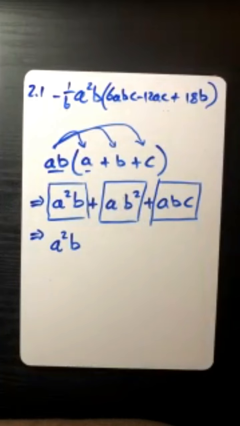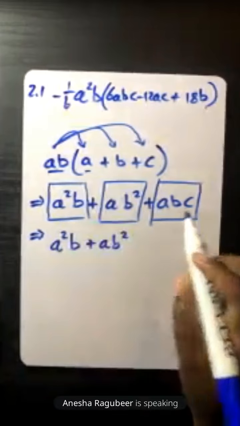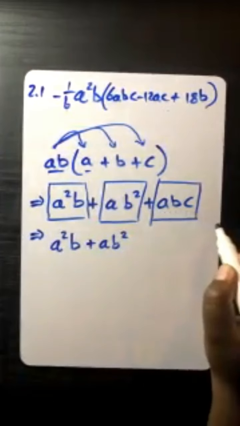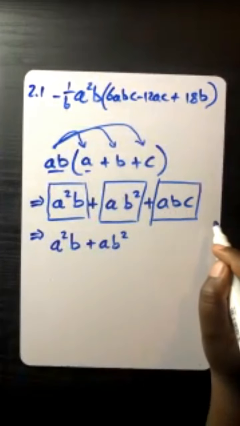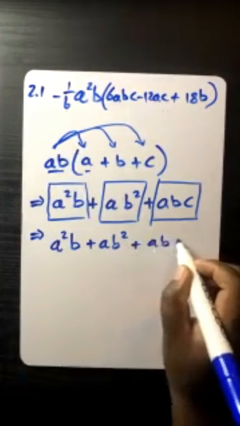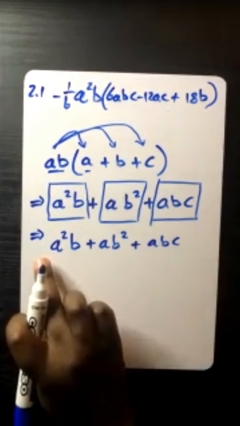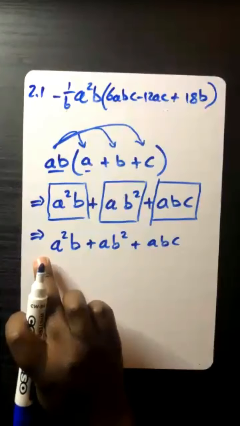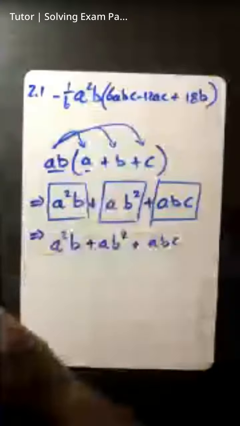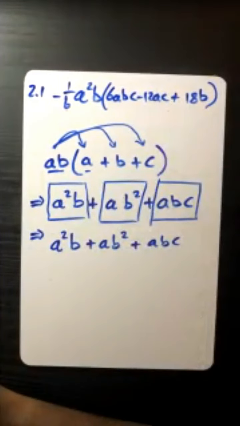No, sir. Then it means it's just a b squared. Do you see abc? No, sir. So that means this is just abc, which means there is no like term on that expression. There are no like terms. So do you now have an idea of what it means by like terms?